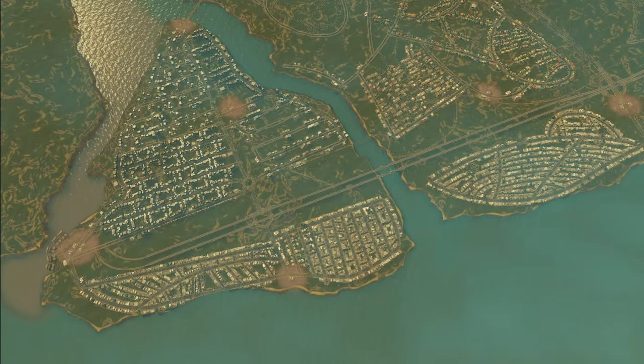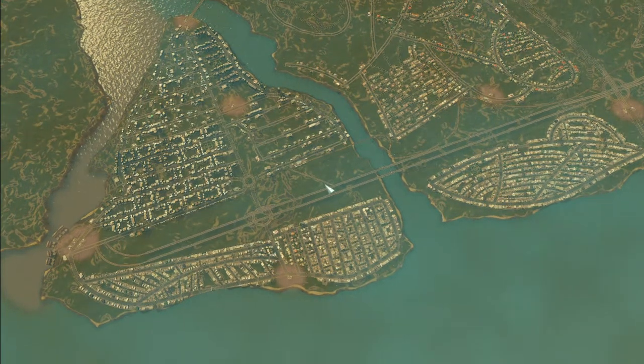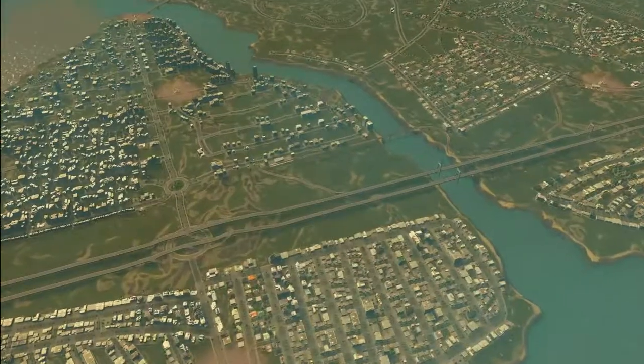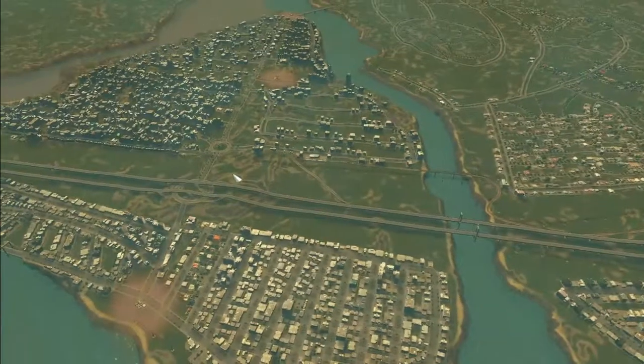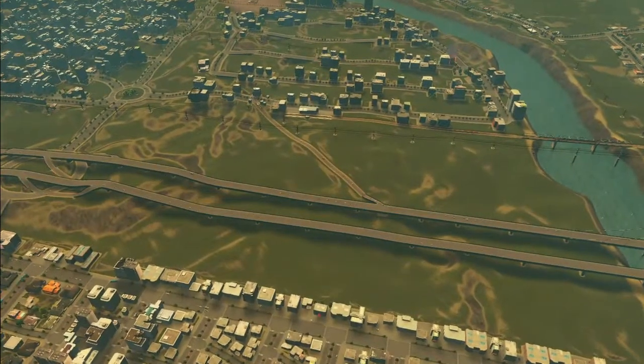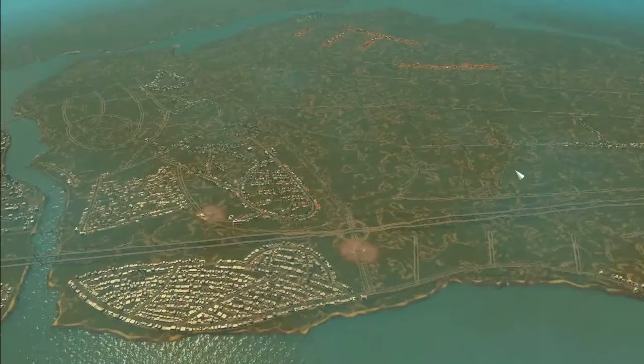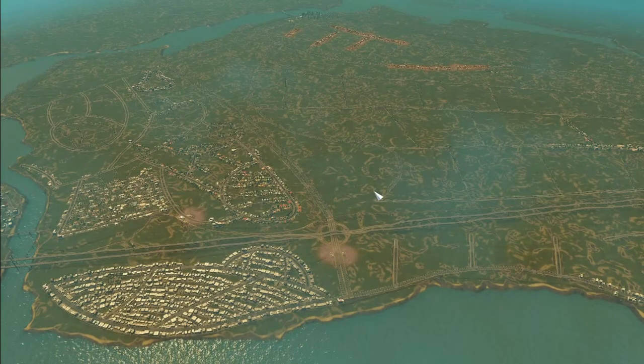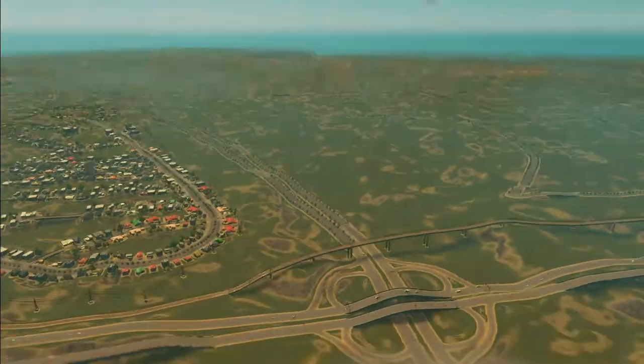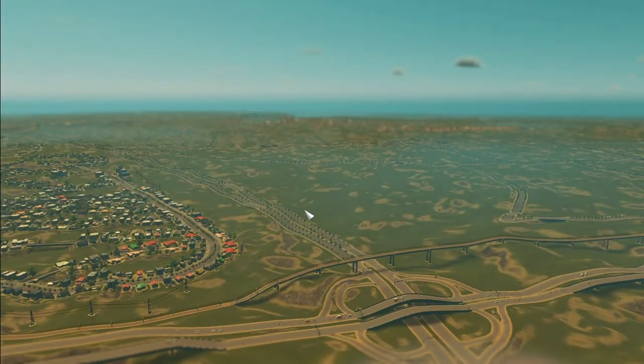Okay, so just to kind of wrap things up, there are some small features we added or didn't add, depending on if they were efficient or not. So we were actually thinking of adding an airport to the city, but we realized the terrain wasn't well suited. Really, there was no good place to put an airport that would work, so we just decided not to use one.